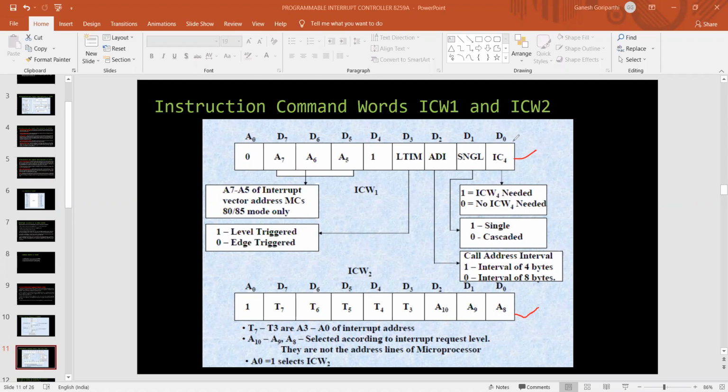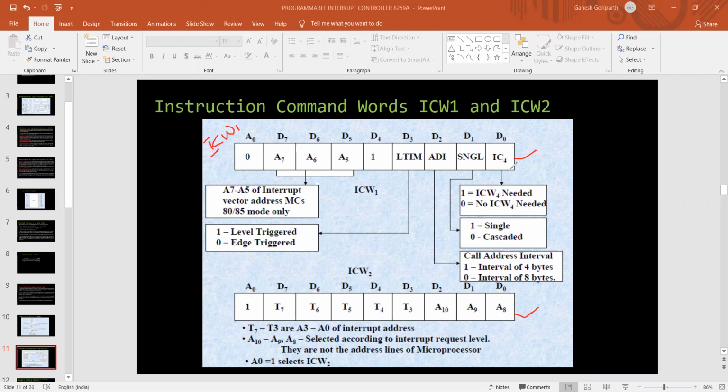See the D0 bit of initialization command word 1, which is ICW1. The D0 bit of ICW1 gives you information regarding ICW4. Here only you can decide whether you require ICW4 or not.